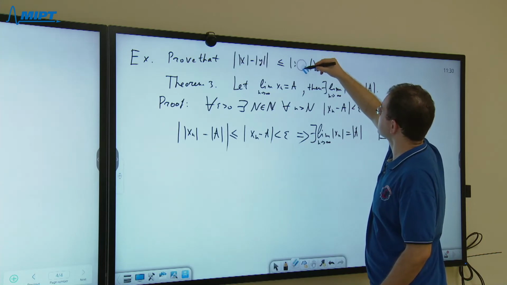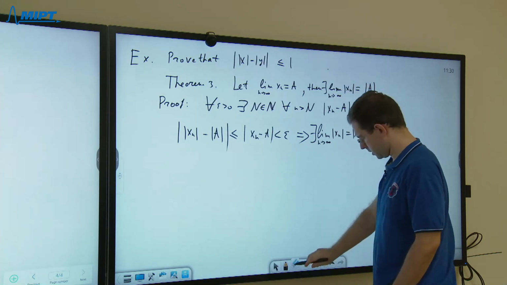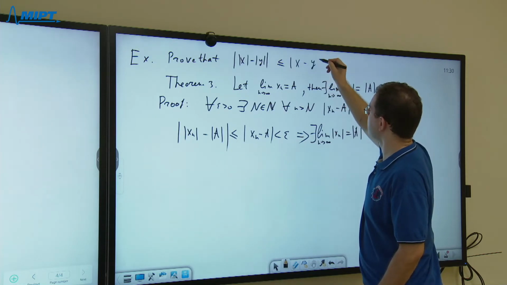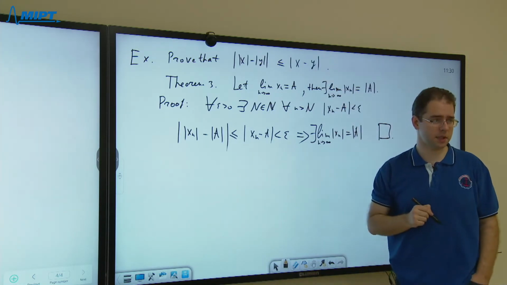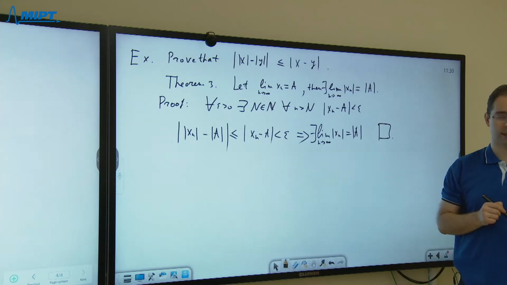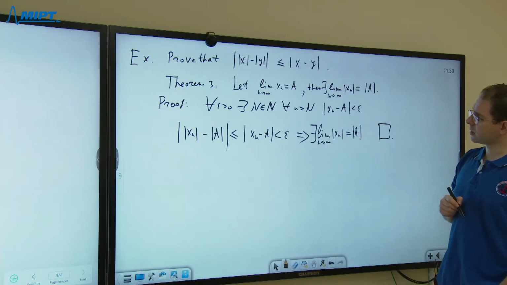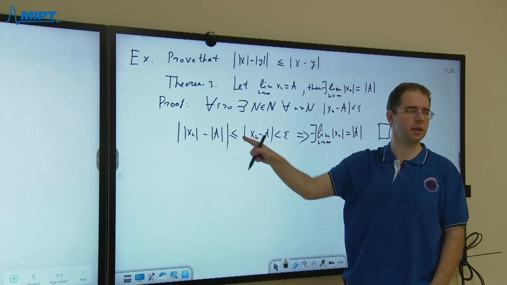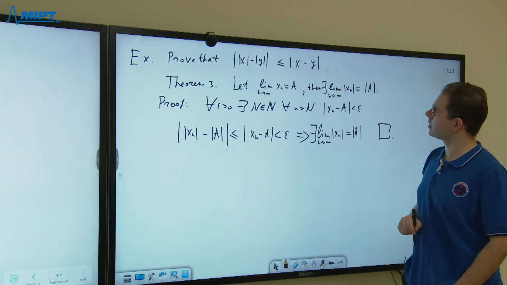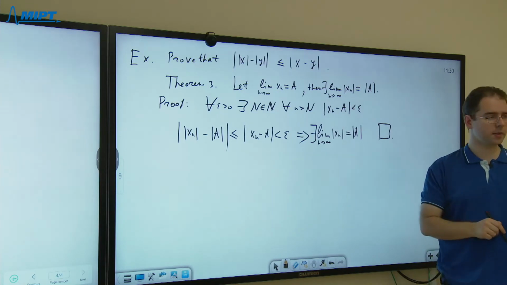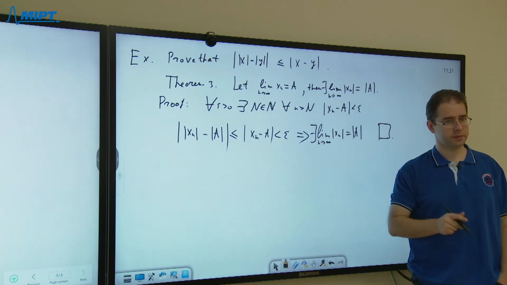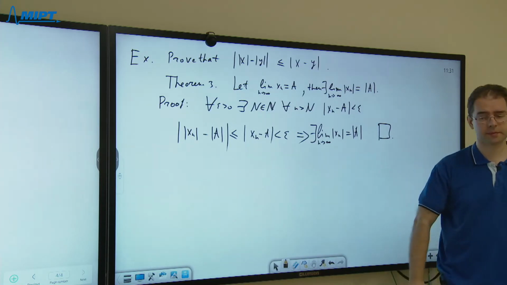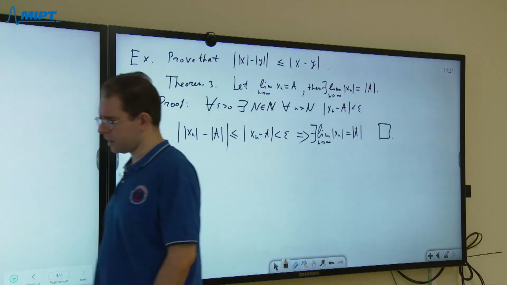Instead of that, I wanted to have the absolute value of x minus y. This statement, a different exercise. This is what I need here. Look over here, xn minus a. Okay, sorry about this mistake. Okay, let's move on.